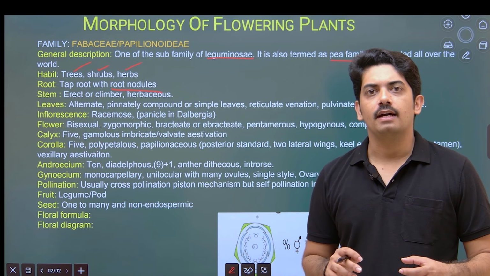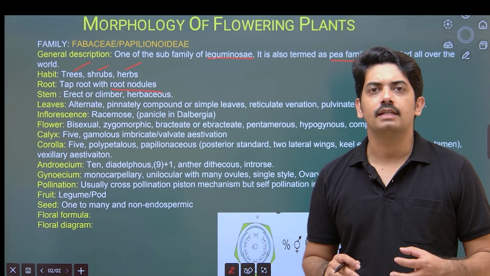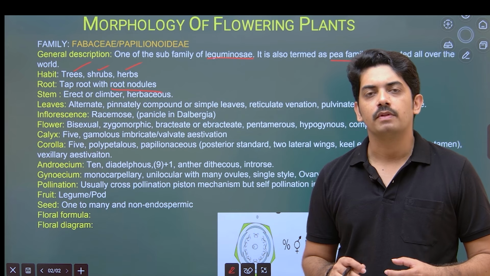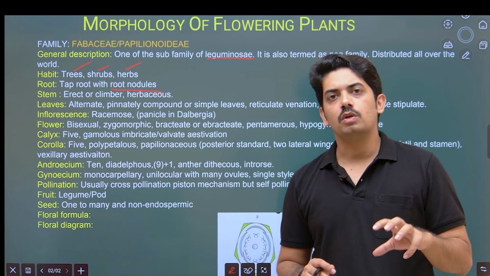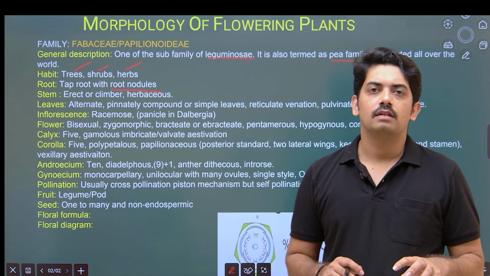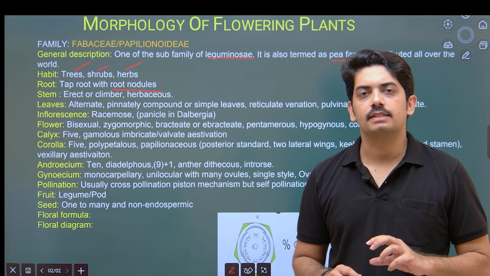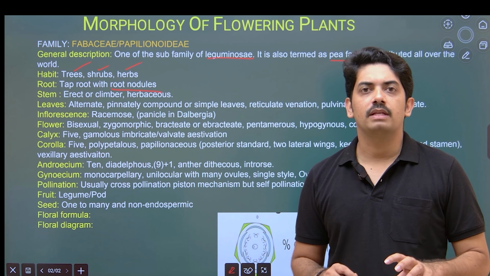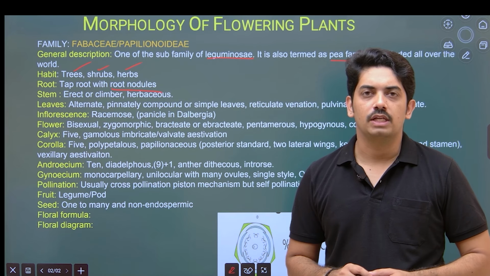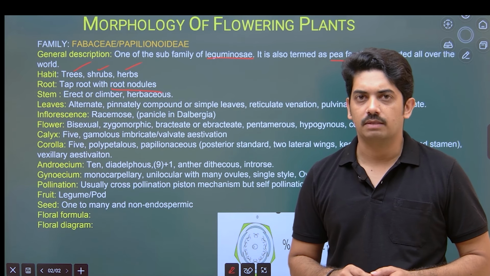Rhizobium bacteria have the ability to fix the atmospheric nitrogen. So to fix the atmospheric nitrogen, the root nodules formed in the members of this Fabaceae plants, they create one favorable condition which allow the Rhizobium bacteria to convert the atmospheric nitrogen.